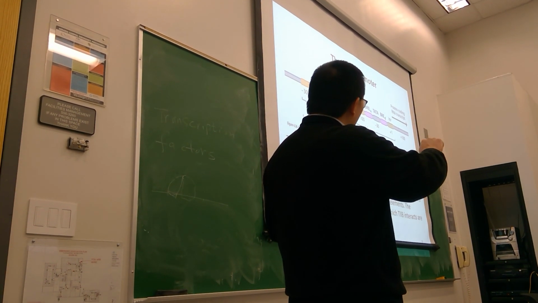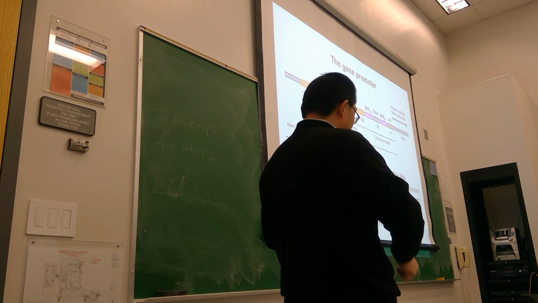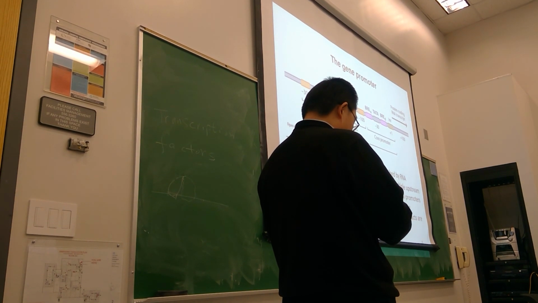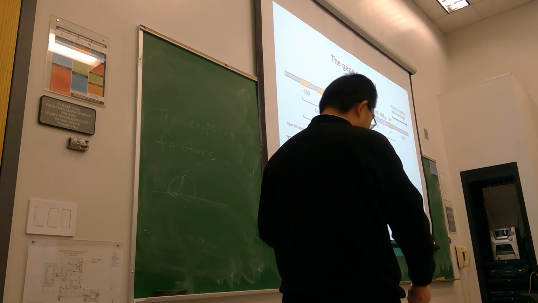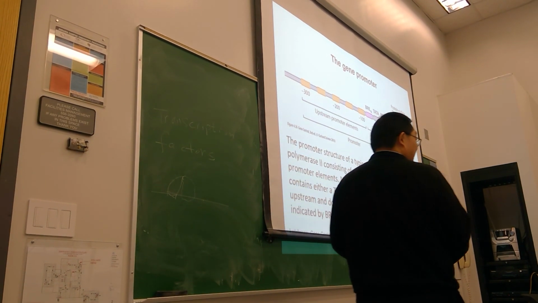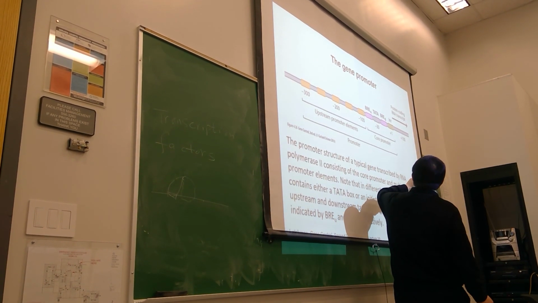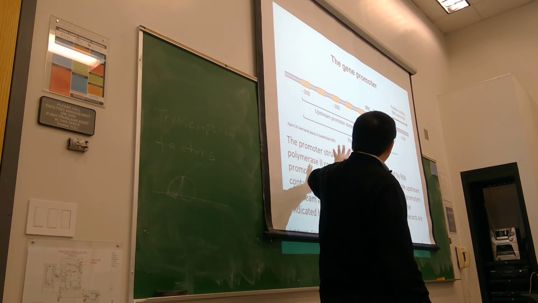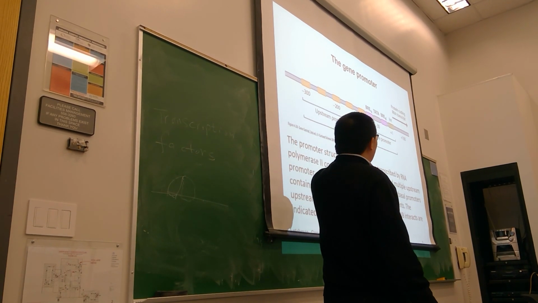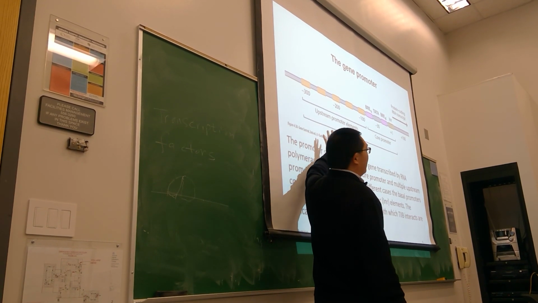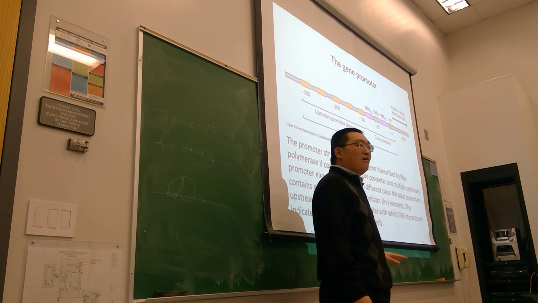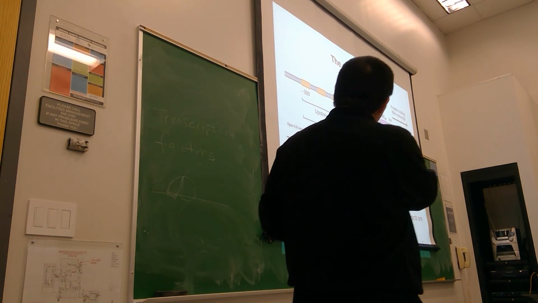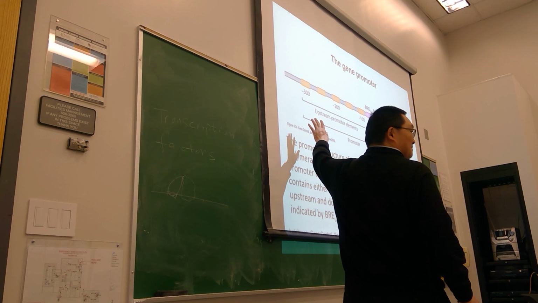So basically it's a core promoter. So here is a core promoter. And upstream of the core promoter, there are actually upstream promoter elements. For eukaryotes, here they have lots of transcription factors.